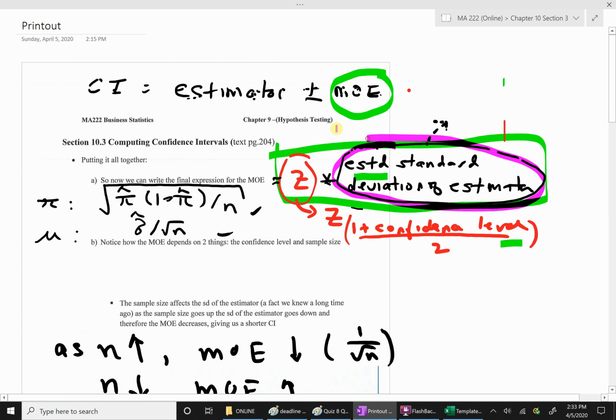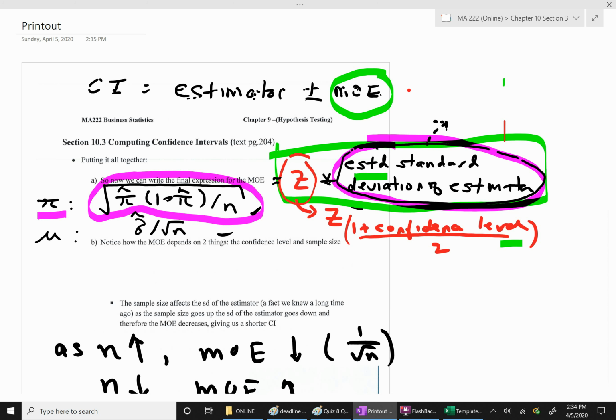And so if we go back and we're doing a confidence interval for pi, this is our estimated standard deviation of the estimator. Notice it looks like the quantity we used to work with when we were doing the hypothesis test. The only difference now is we have sample percentages rather than population percentage, because we don't know the population percentage.